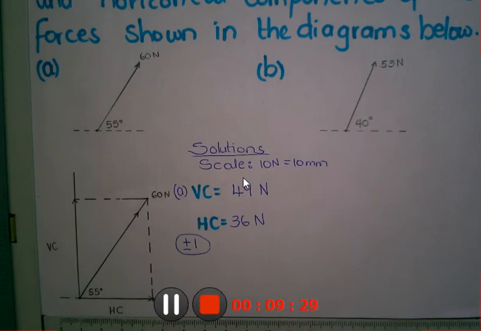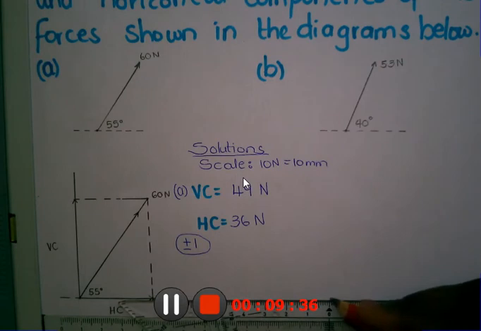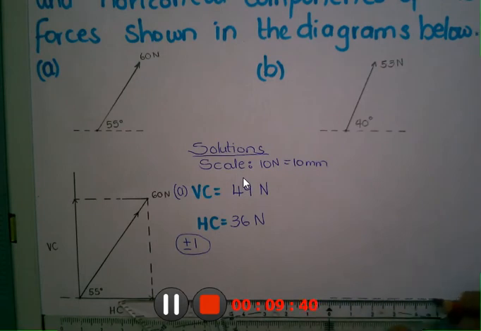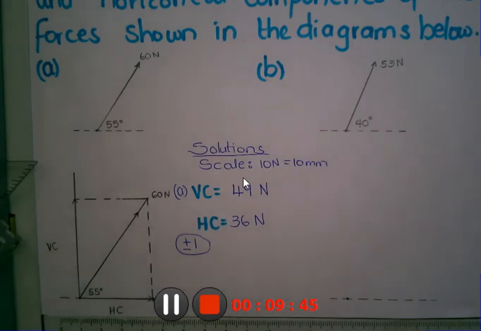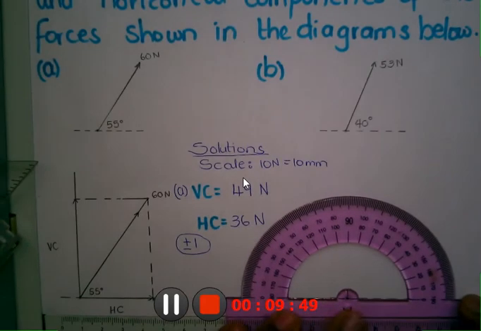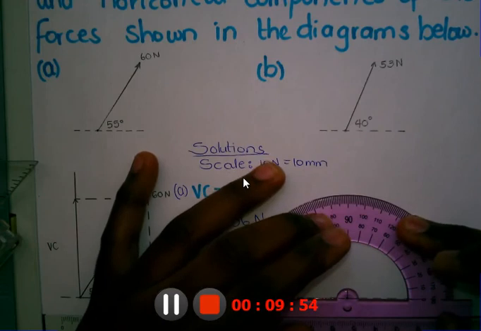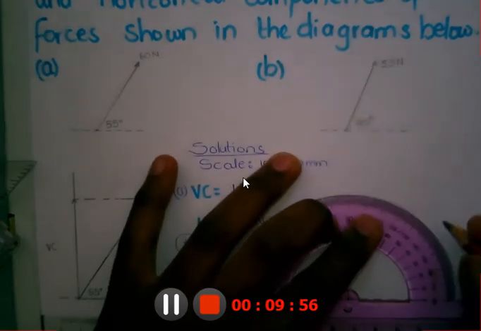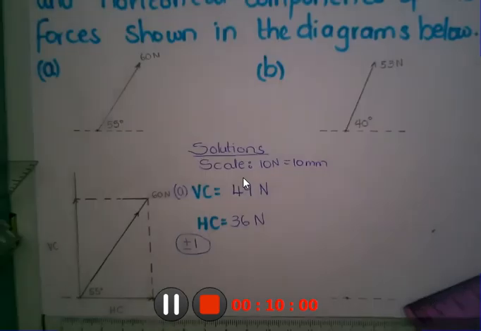The next one, let me just again indicate my dotted line, which will help me to measure my angle. So that is the point I'll start from. Then I will measure my angle of 40 degrees.